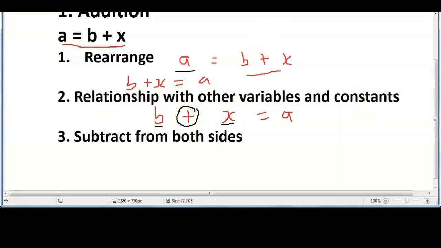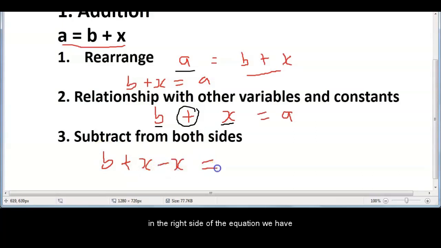So we have B plus X. This is the left side of the equation. Now we subtract X. Minus X equals, on the right side of the equation we have A, that too minus X. You subtract X from both sides of the equation.